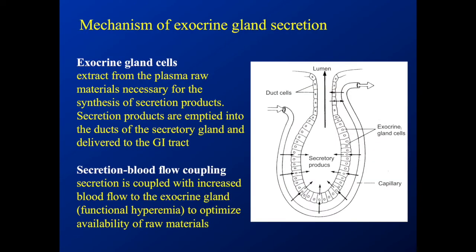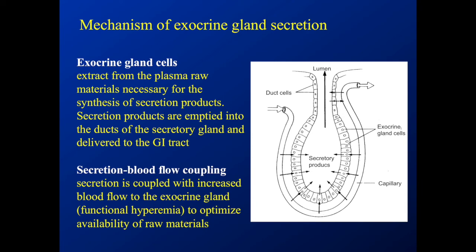The mechanism of gland secretion is shown here. You have these glands that have a lumen, and this lumen is then surrounded by these exocrine secretory glands, which secrete their products into the lumen of the gland, and then is passed out through the duct into the GI tract.